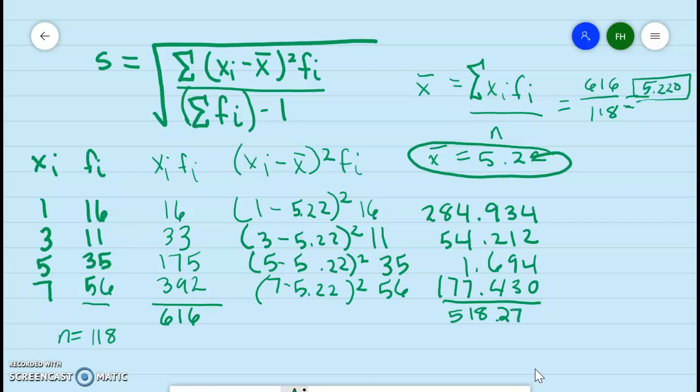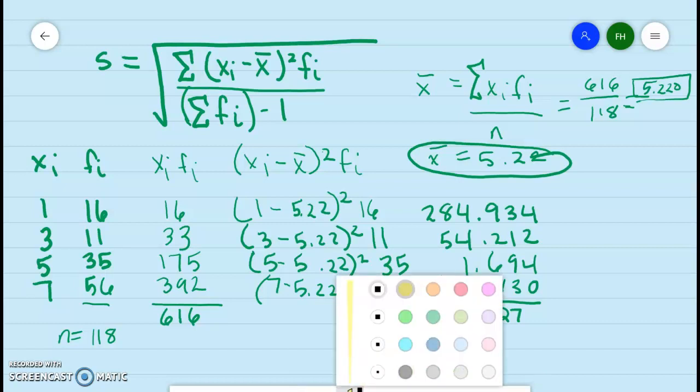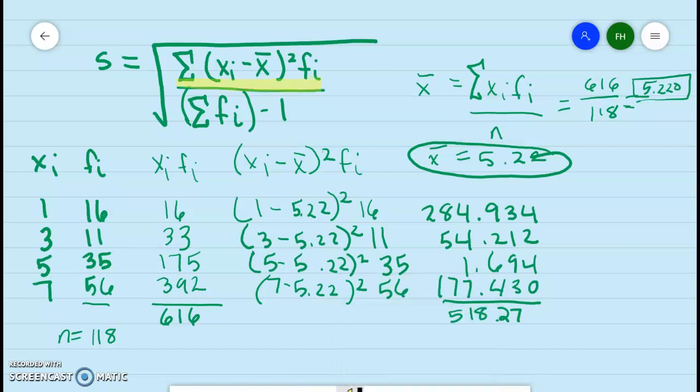Okay, so this number here represents your numerator. So what I'm going to do beside it is I'm going to write that number.